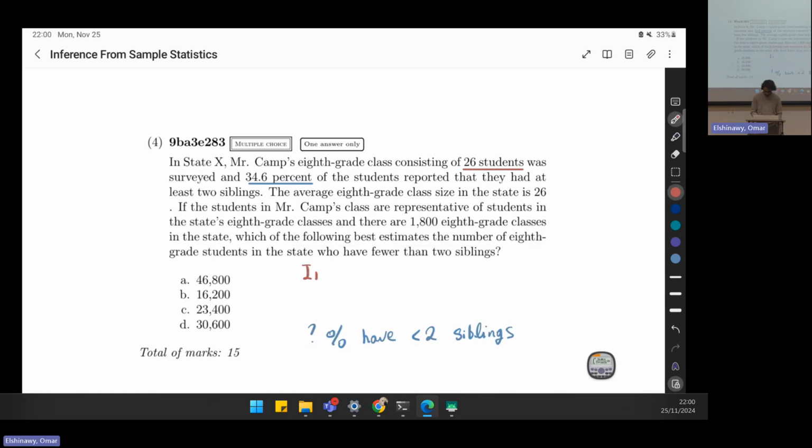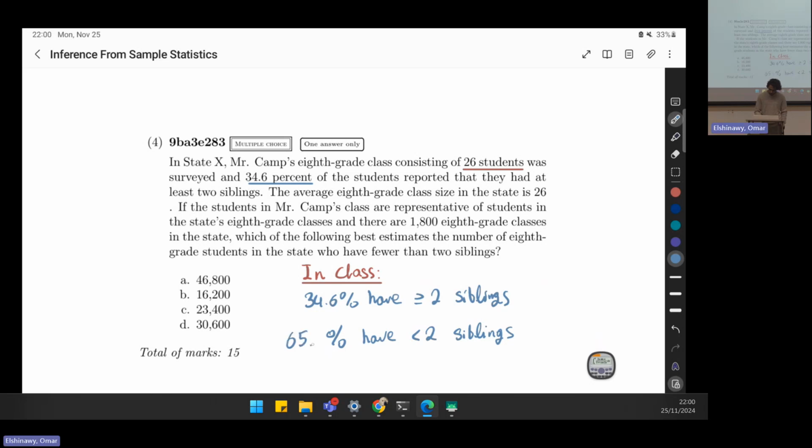Right now we're in Mr. Camp's class, and we know for sure that 34.6% have at least 2 siblings. When I say at least, it's 2 or more. Yes, 2 equal or more. Then what's the percentage for people who have less than 2 siblings? 0.64. I'm asking for the percent. 65.4.